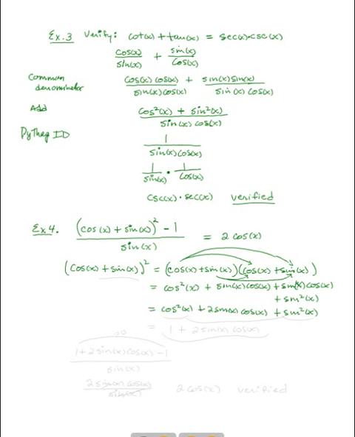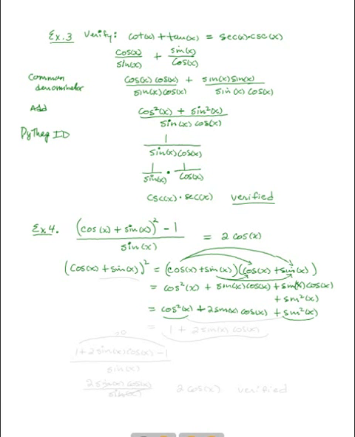Now, that's the squaring part. We've squared. Now, we still have to go back and put all of this back in place of that square. But one thing we'll do before we do that is to notice that we've got a cosine squared plus a sine squared. And it's an addition, so we can rearrange the order of the terms. We can put the cosine squared and sine squared together, add those two together first.